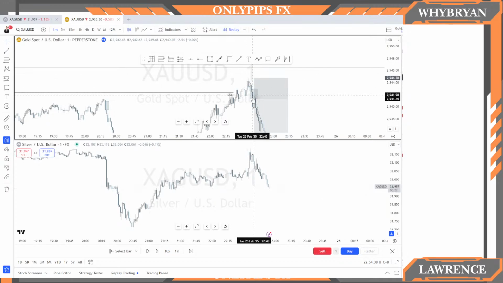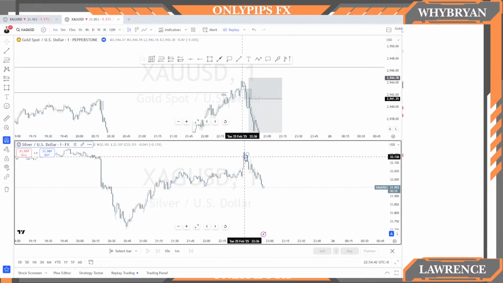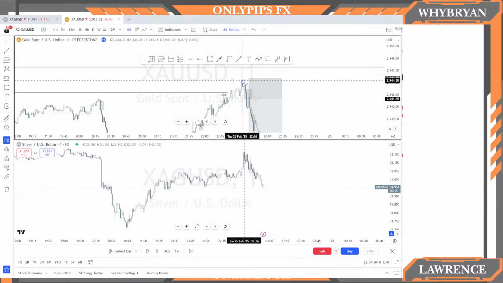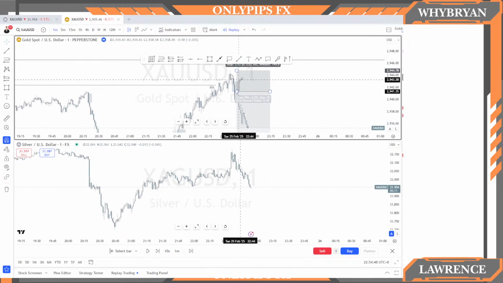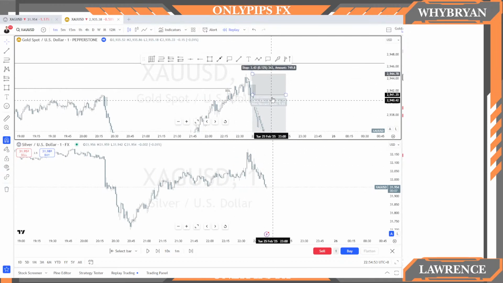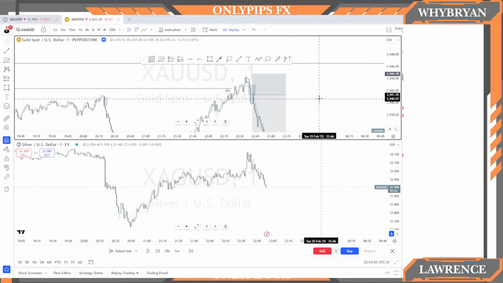The price swept the first high on silver, but gold didn't. So relatively, the selling momentum on gold has been stronger compared to the silver itself.